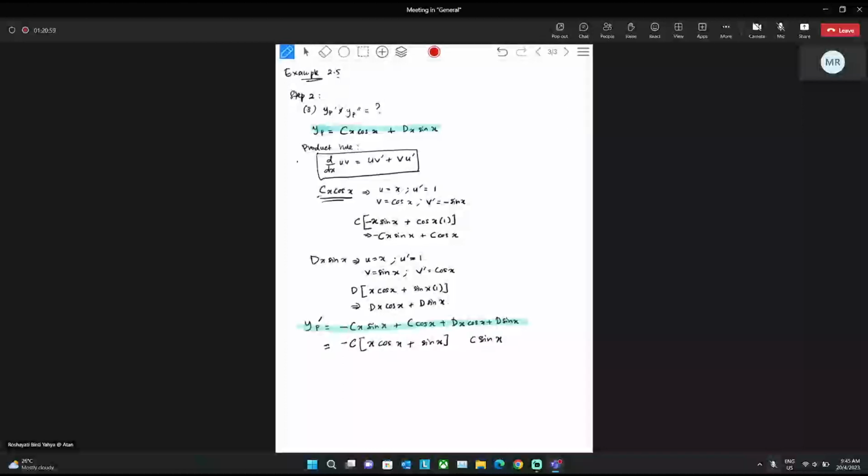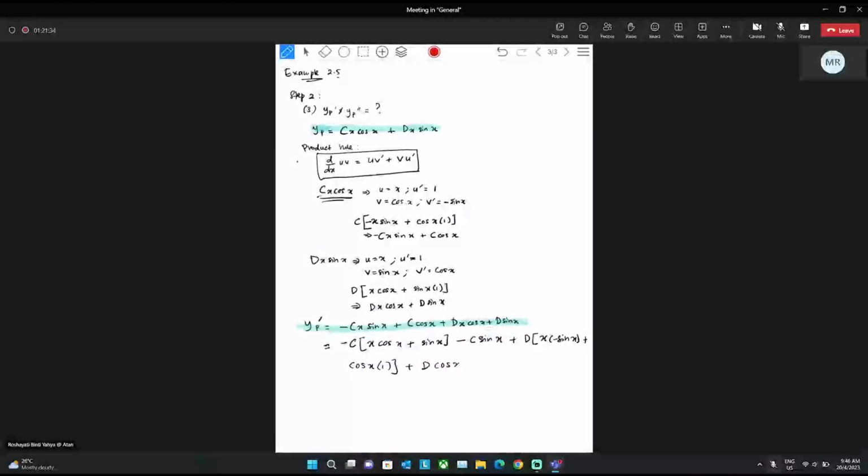So negative plus Dx cos x, D, okay, u is x, v prime is negative sin x. Negative sin x plus cos x. U dv. U is cos x, dv is 1 plus D differentiate sin x become cos x.